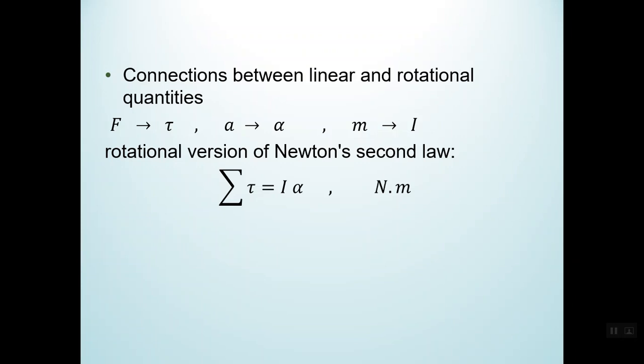If only a single torque acts on a system, we can write the torque tau is equal to I times alpha.